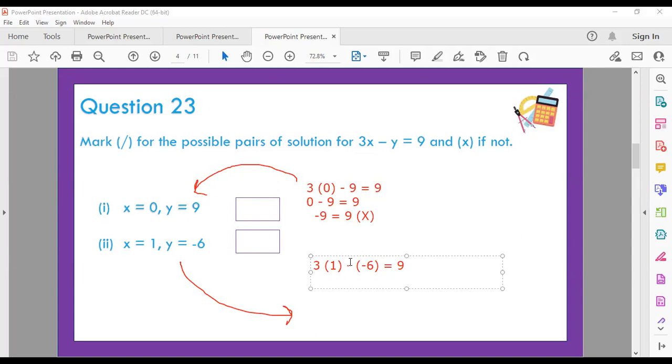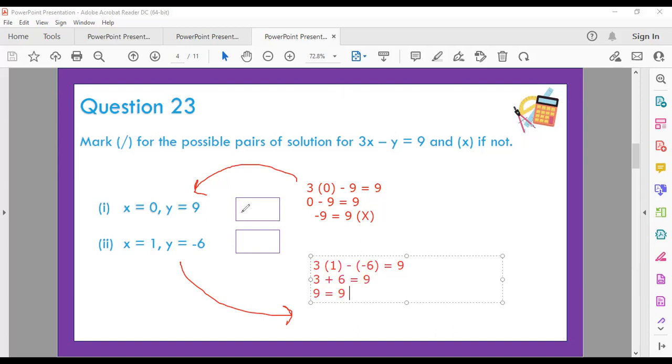Work it out. 3 times 1 is 3. Minus -6 will make it become +6. And on the other side, it is still 9. So now 3 plus 6 is 9 equals to 9. You see that? Now, is this correct? 9 equals to 9? Yes. This is definitely correct.